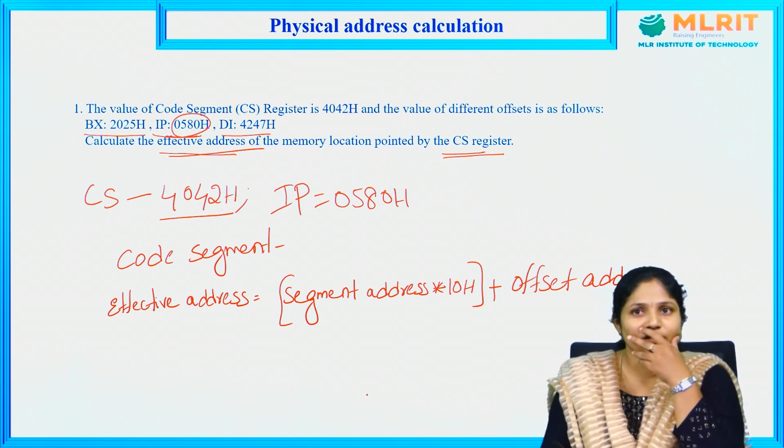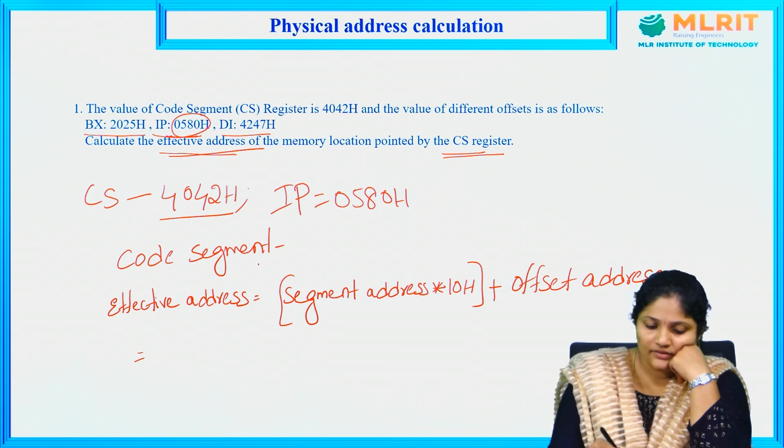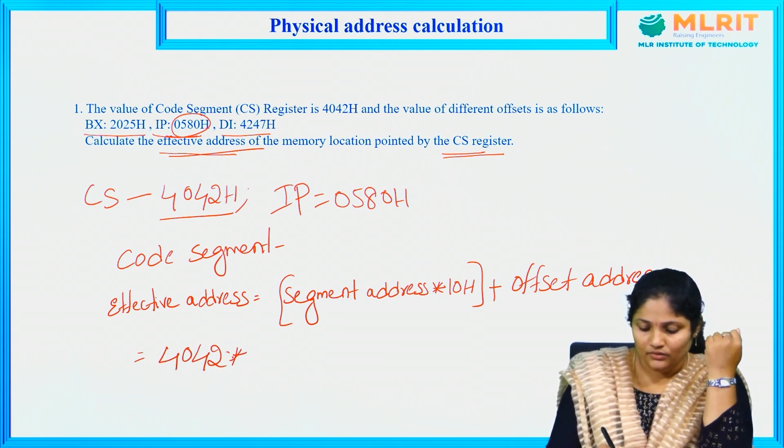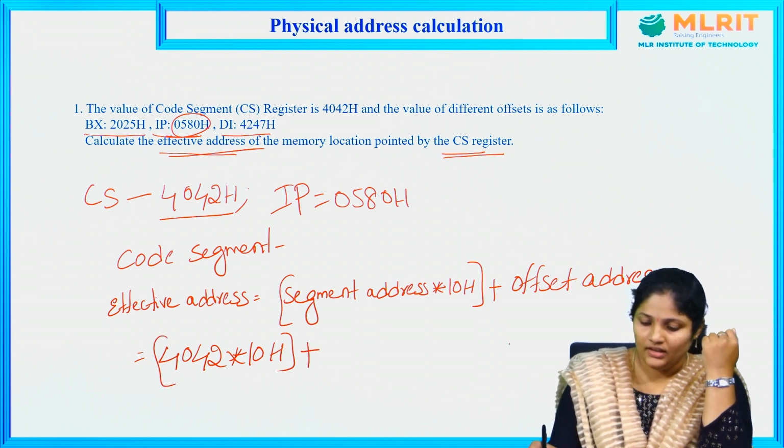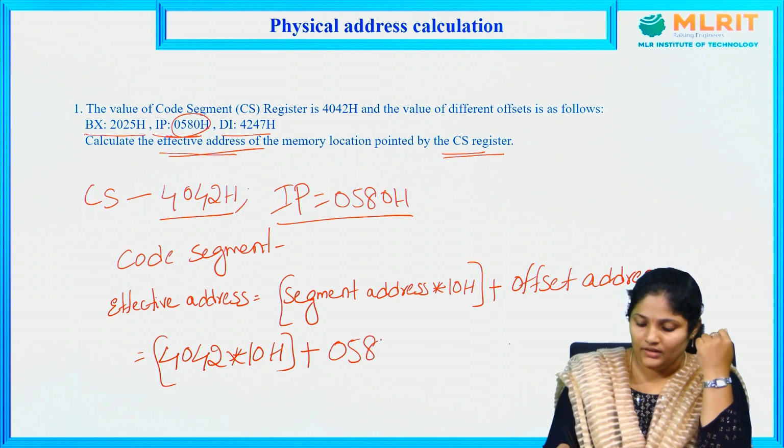The segment address is 4042 times 10H, which is 40420, and the offset address is 0580H.